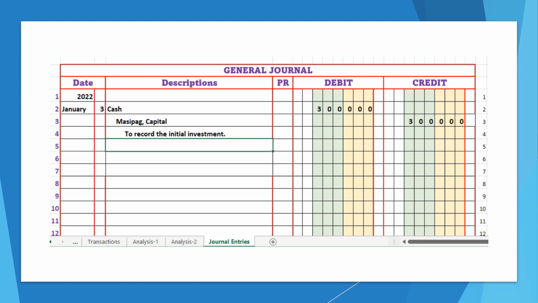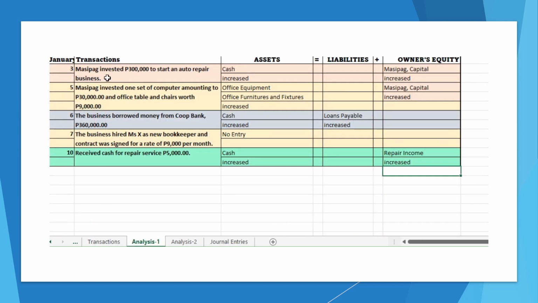Okay? Let's go back to the analysis. On January 5 rather, Masipag invested one set of computer, okay, office equipment, and then table and chairs, office furniture and fixtures. So let's copy this. Okay, increase, so debited.